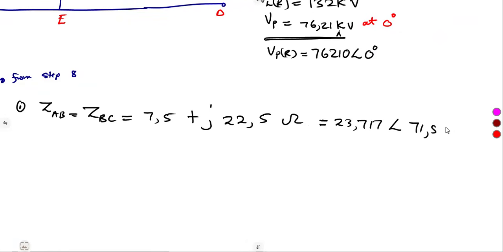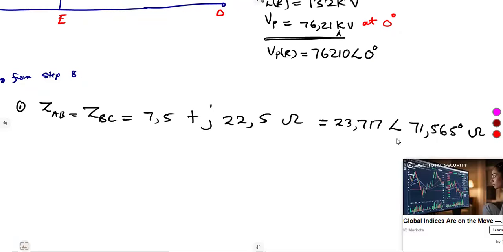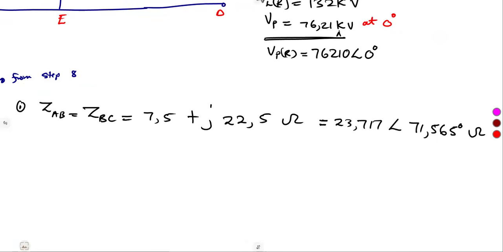So this is what you're going to do in each and every case where we have a rectangular form. In each and every case, guys, try by all means to convert to the polar form, so that we're not going to have challenges in our calculation when we need to add.